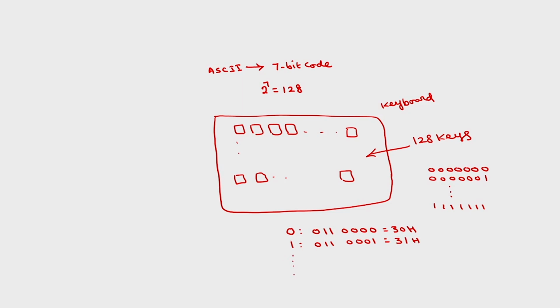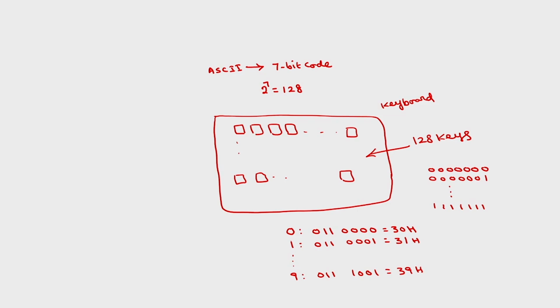So on up to 9, which will be represented by 39H. Of course, for these we require 4 bits, so we can insert 1 0 here to express it in hexadecimal form. This is about the ASCII code.